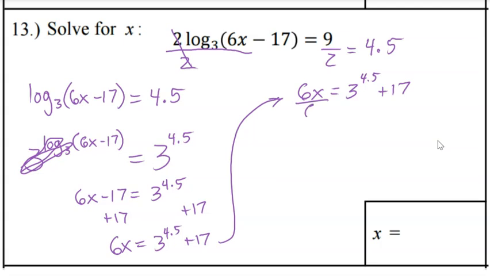Now we're going to divide on the left by 6, and we're going to divide on the right by 6. That'll cancel the 6, and all we have left now is x. And so our answer, before we put it in the calculator, is x is equal to 3 to the power of 4.5 plus 17, and then that whole thing is going to be over 6.